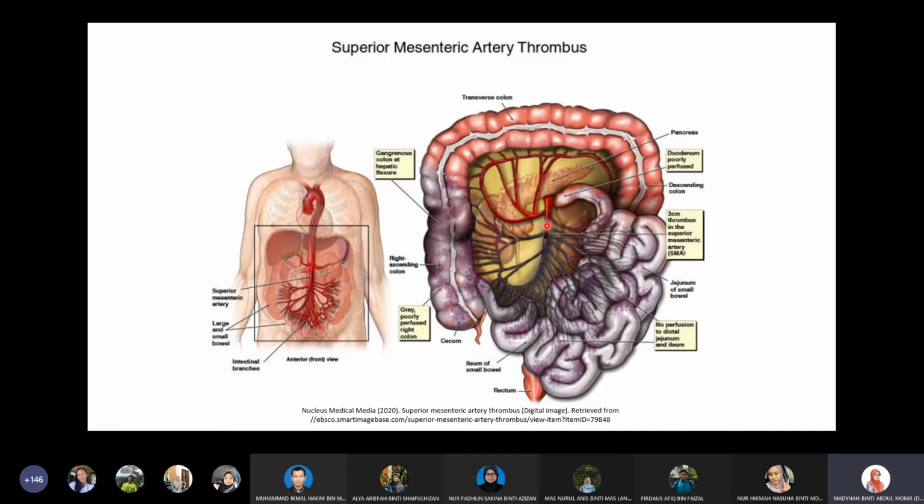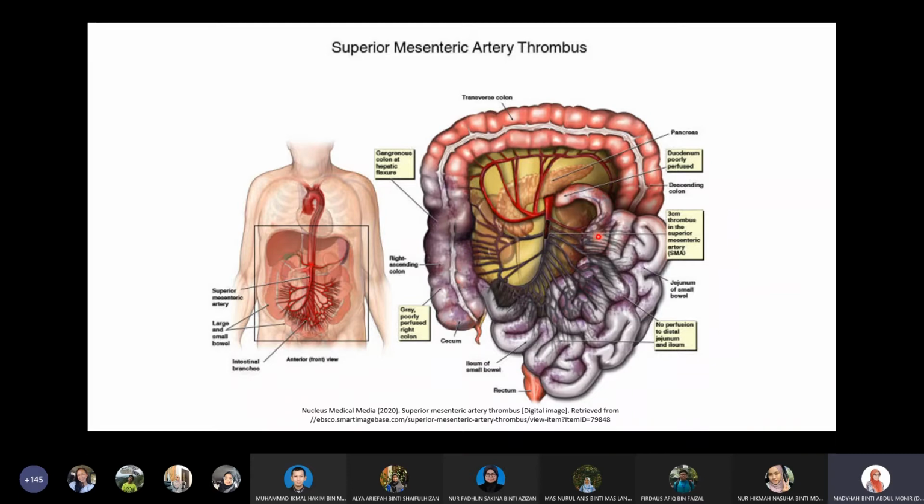The blood circulation below the thrombus is affected, and you can see there is reduced blood flow, or if there's total occlusion. In this case there is total occlusion, and you can see that there is gangrenous colon here. You can see this is the normal pinkish color of the tissue, and this is the abnormal gray, poorly perfused colon.